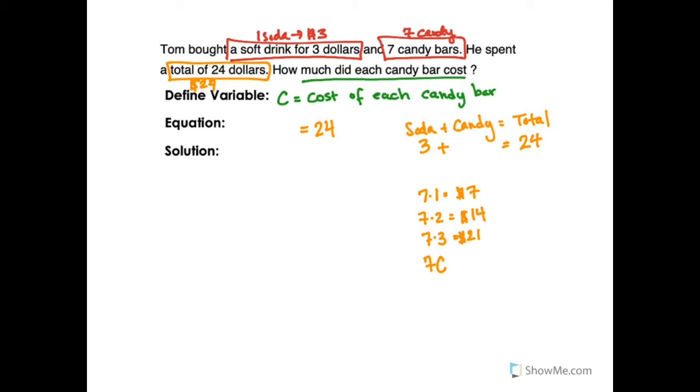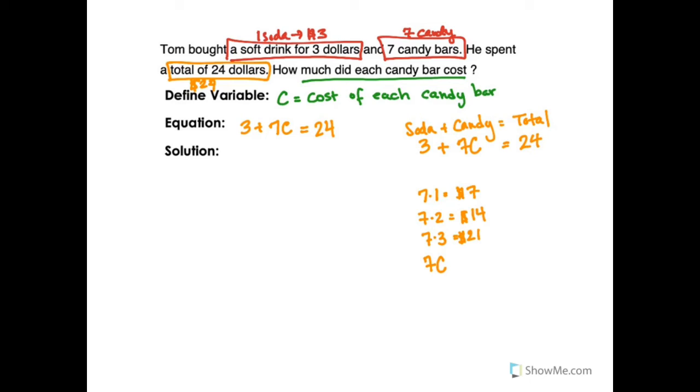If I knew what C was equal to, I would multiply it by 7 so that I know how much I spent on just the candy bars. So I have the $3 for the soda plus whatever I spent on the candy bars has to give me a total of $24. And so my equation can be 3 plus 7C is equal to 24. I could have also written it as 7C plus 3. It would both mean the same thing.